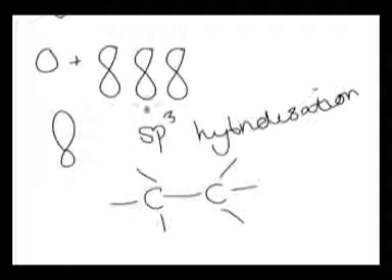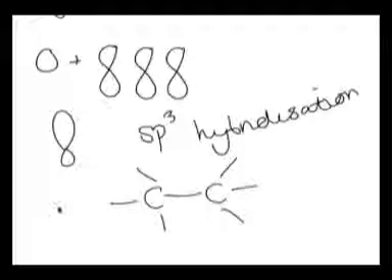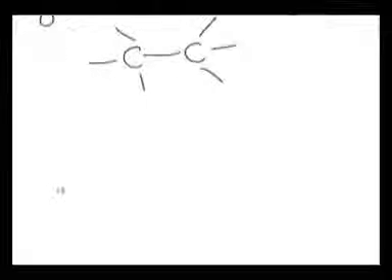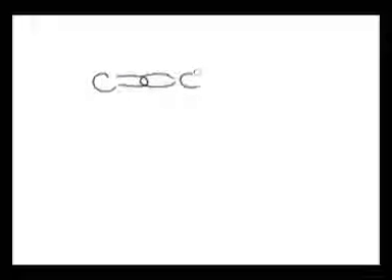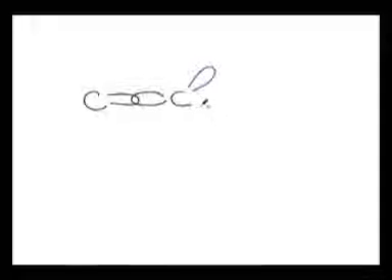hybridized. But something different happens when there are double bonds involved, when there are pi bonds involved. And let's have a look at what happens using ethene as an example. So let's just draw our normal sigma bonds with our hybridized orbitals. Those are the large lobes on the hybridized orbitals, and here's where your hydrogens will be bonded to your carbons.